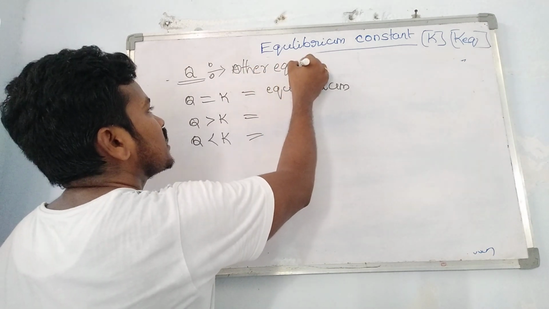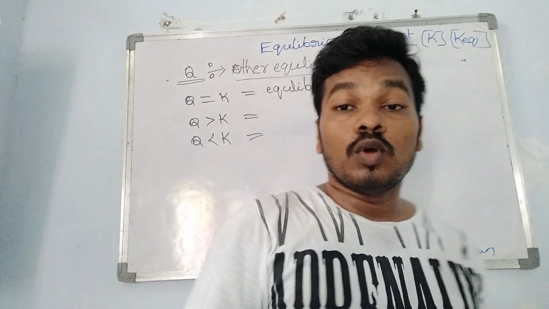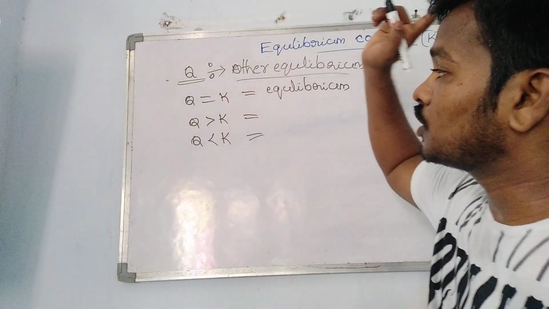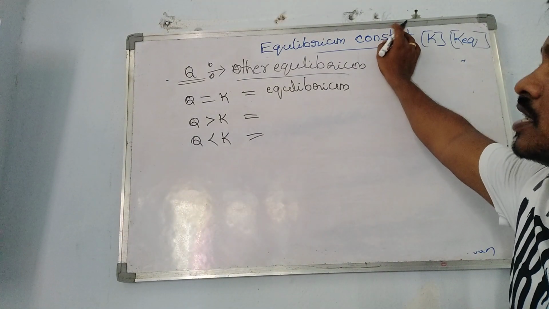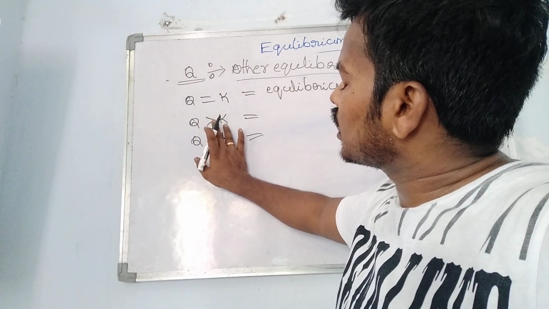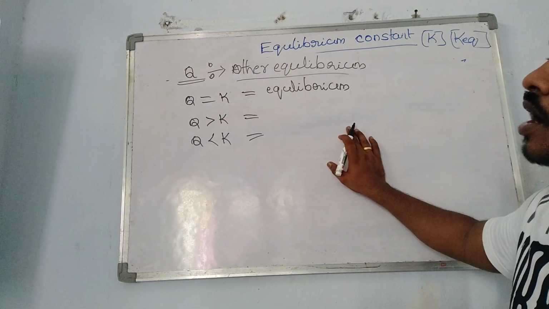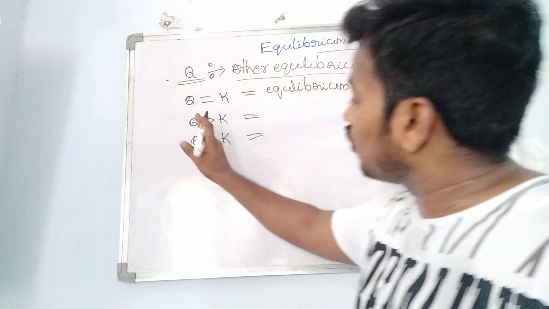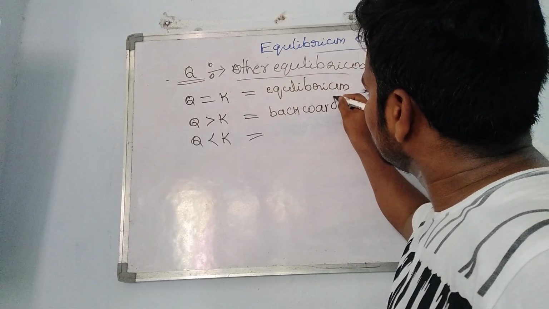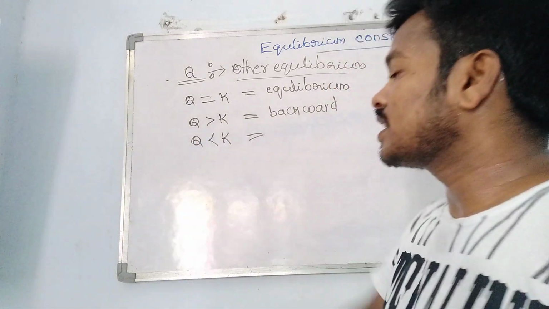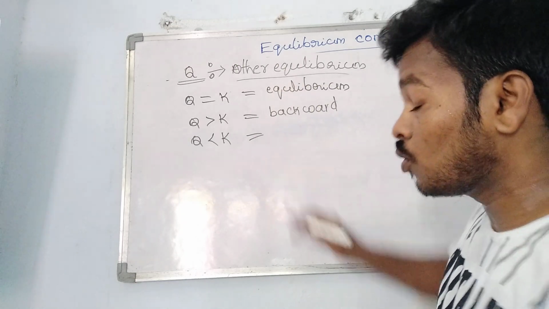Other than the equilibrium condition, if you want to know the product concentration and reactant concentration, you have to use the reaction quotient. See here, this is the equilibrium condition. If the reaction quotient is greater, that is called the backward reaction. If the reaction quotient is very less, the value is more towards the equilibrium condition, that means the forward reaction.